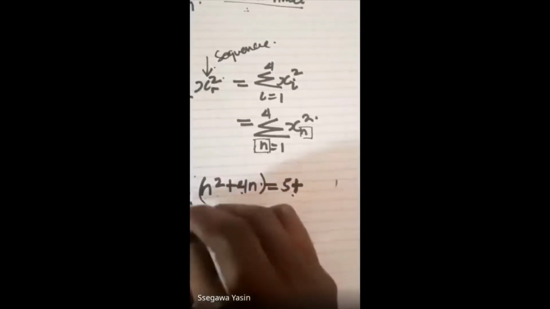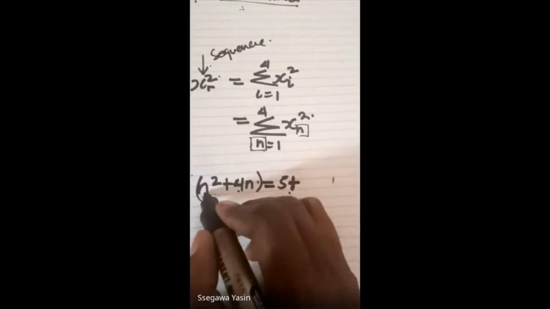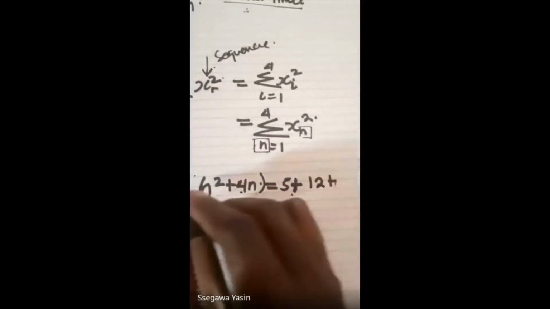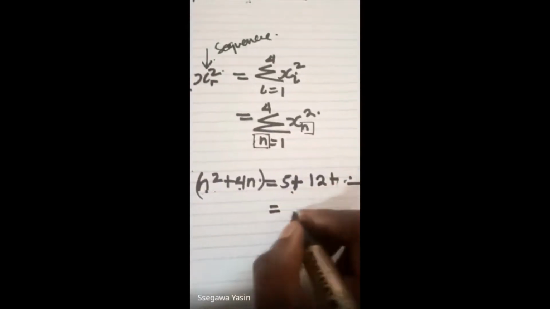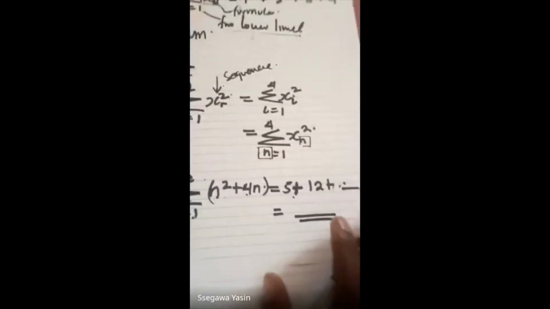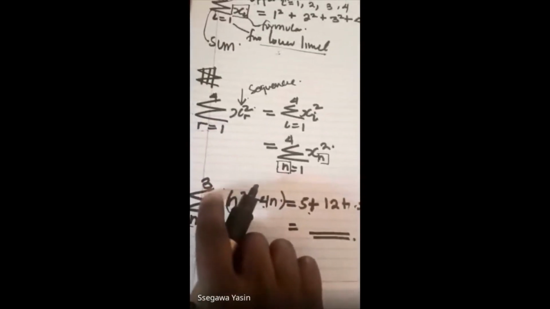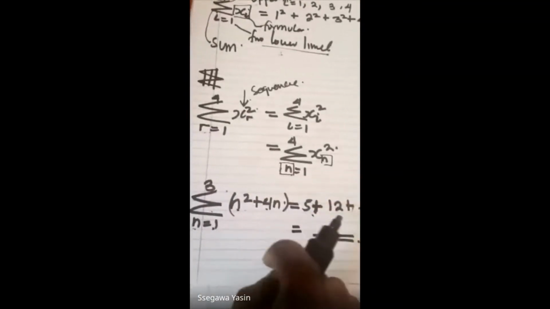Why am I adding? Because of this. When x is 2, this will be 4 plus 8, it will be 12 plus. You go on substituting. When it is 3, you get the value. You add and get the answer. That is the interpretation of the sum sign here.